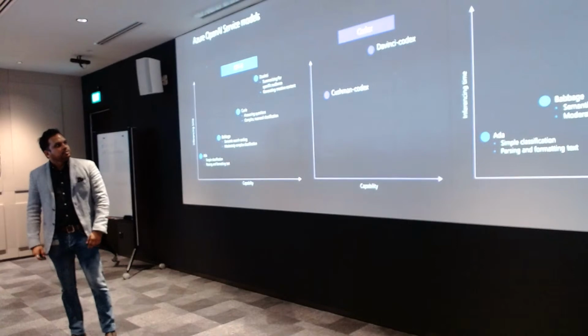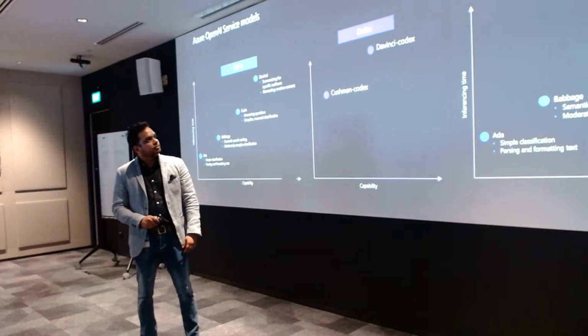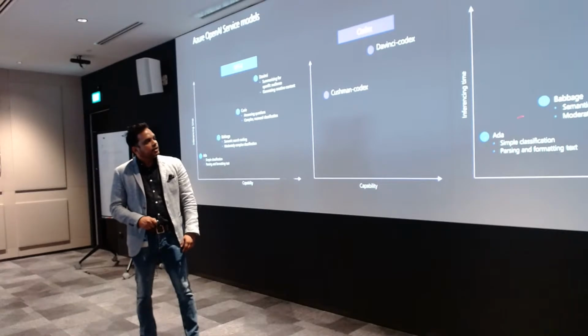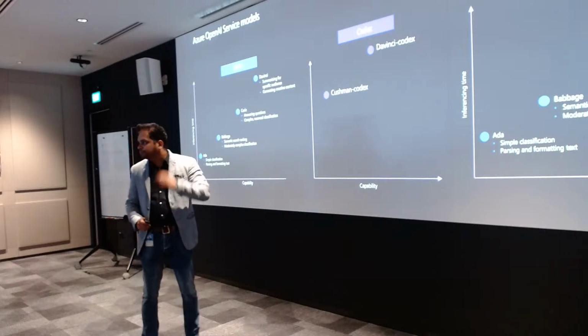Yeah. So when you talk about OpenAI, right, there are families, and within them, depending on what kind of use case you have, we have different models. Ada, Babbage, Curie, they belong to the same family, but they do specific tasks, and as the capabilities increase, the cost also goes up.